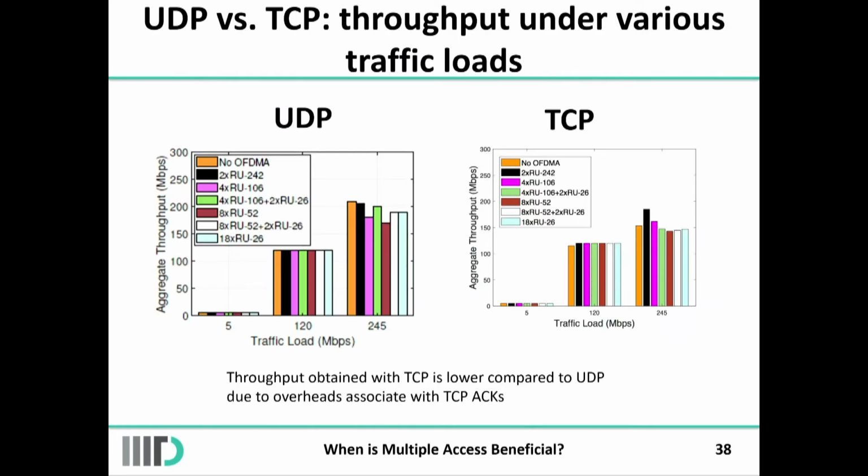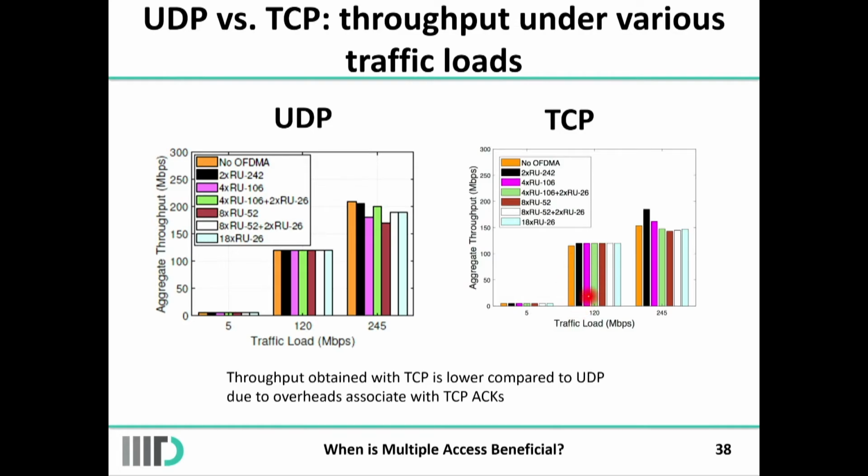Alright. Then we compared the results of UDP with TCP. Here again the x-axis is traffic load and the y-axis is aggregate throughput. You see that for intermediate traffic load, throughput is again very similar across non-OFDMA and OFDMA.